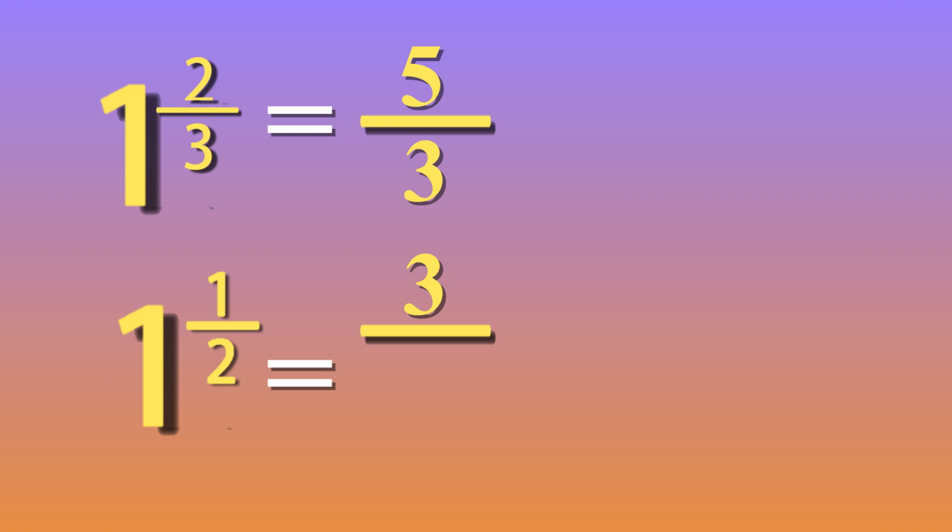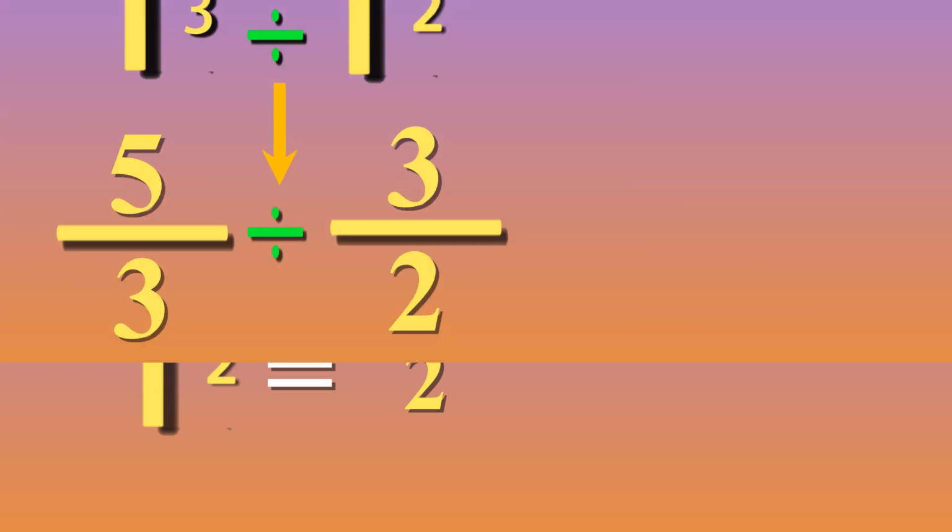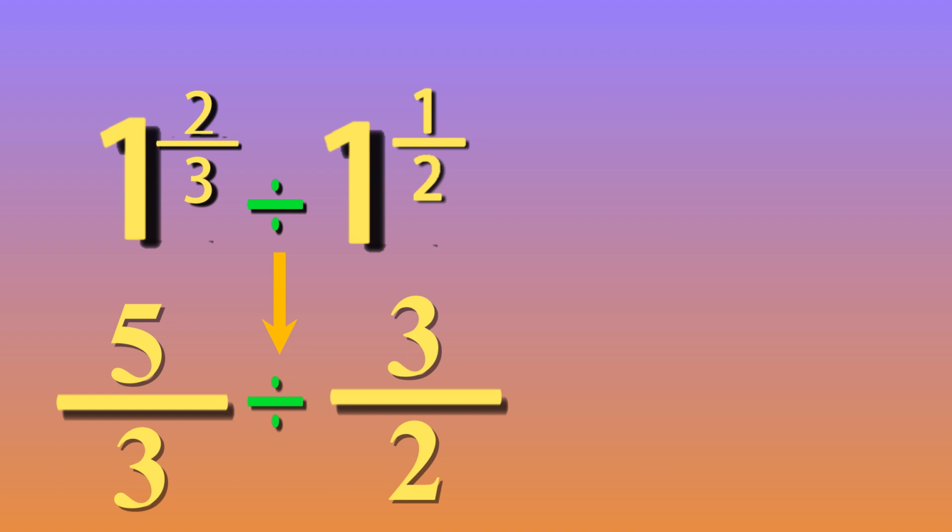Then we bring a copy of the denominator of the fraction to the right hand side, so we've got the fraction 3/2. So 1 and 2/3 equals 5/3, and 1 1/2 equals 3/2. That means that 1 and 2/3 divided by 1 1/2 can be rewritten as 5/3 divided by 3/2.